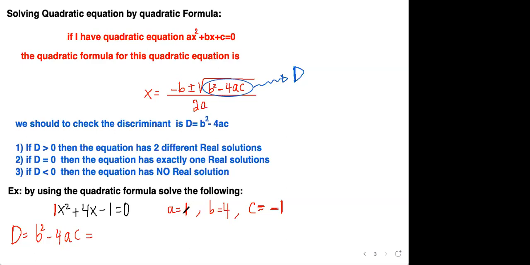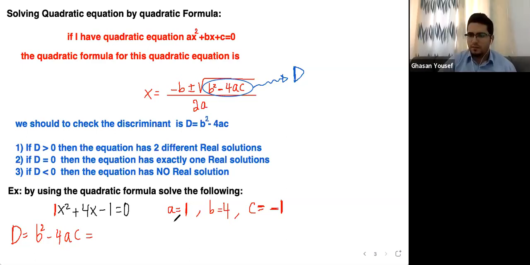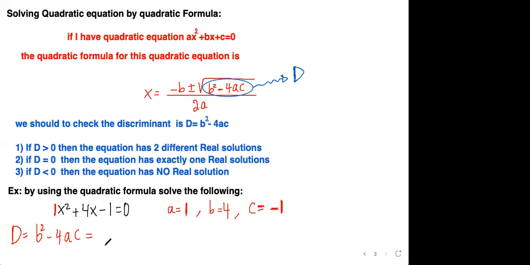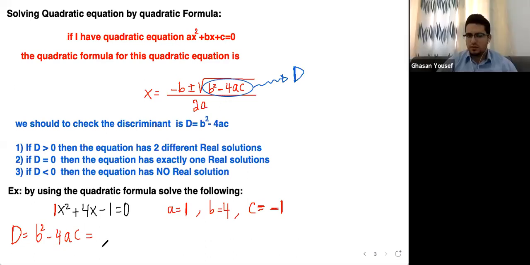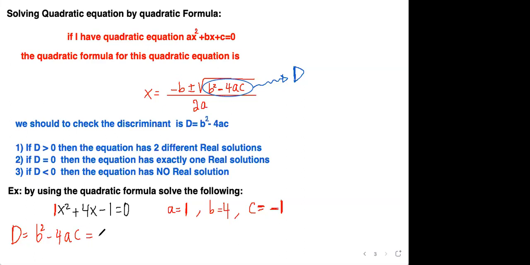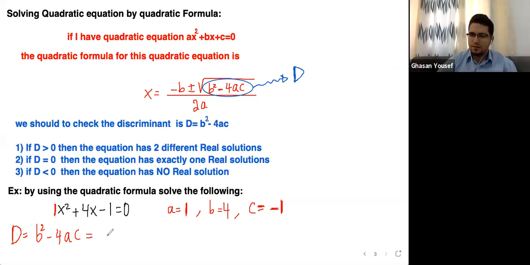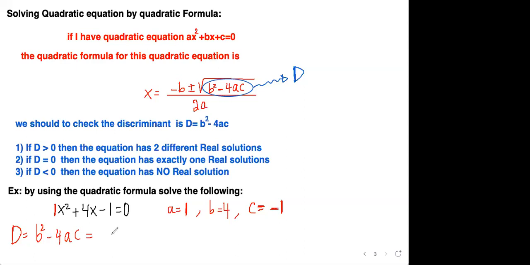So I get, who will help me? I need another student to solve this one. You just substitute the numbers inside. It would be 4 squared minus 4 times 1 times negative 1. Correct.